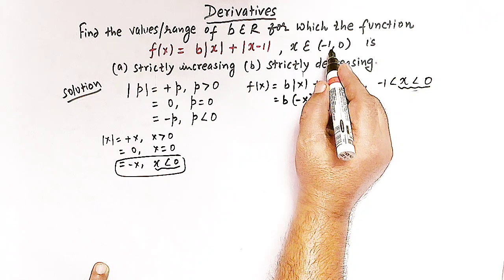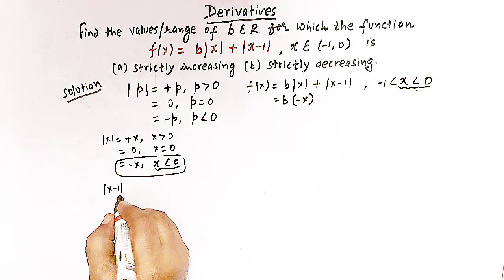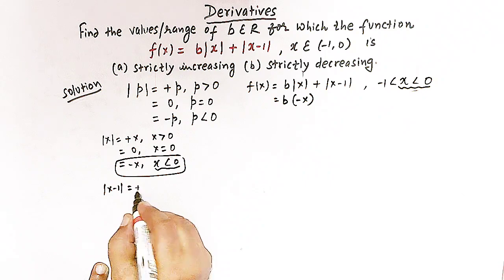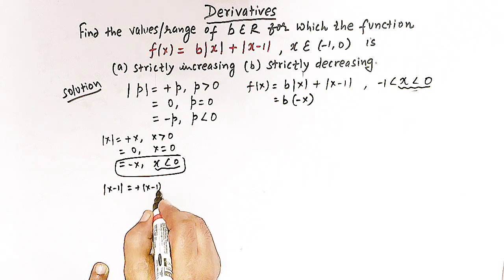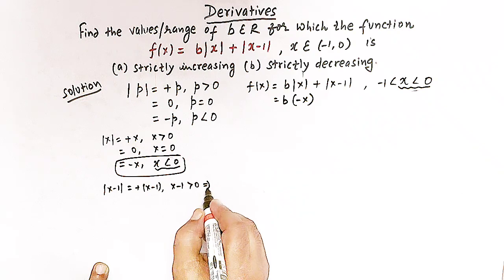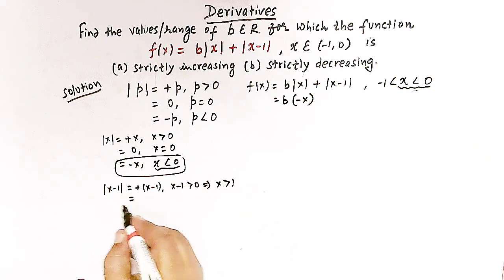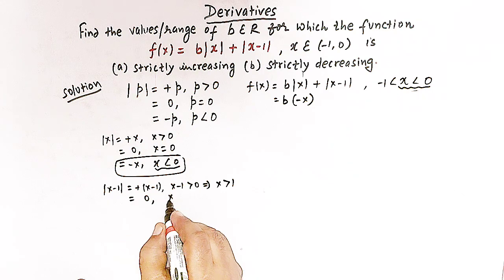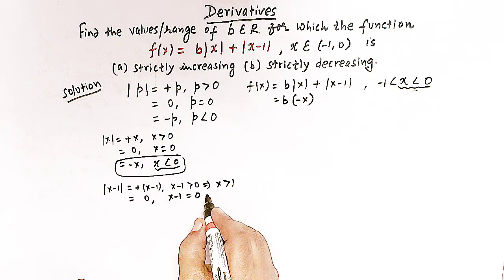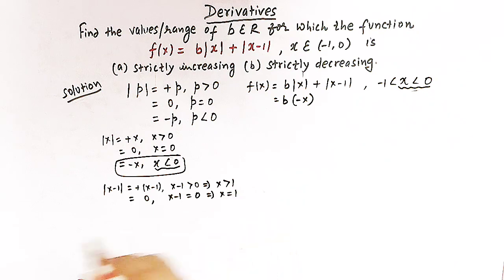Mod of x minus 1 can be defined as positive x minus 1 whenever x minus 1 is greater than 0, which implies x is greater than 1, and mod of x minus 1 is 0 whenever x minus 1 is equal to 0, which implies x is equal to 1.